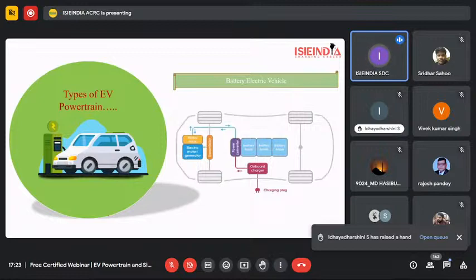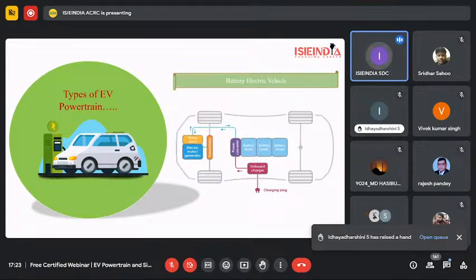But in battery electric vehicles, the battery pack is very huge, because the overall vehicle is moved by the motor only, and that motor is powered by the battery pack. The only component responsible for traction is the motor, and to power that motor we use the battery tank.